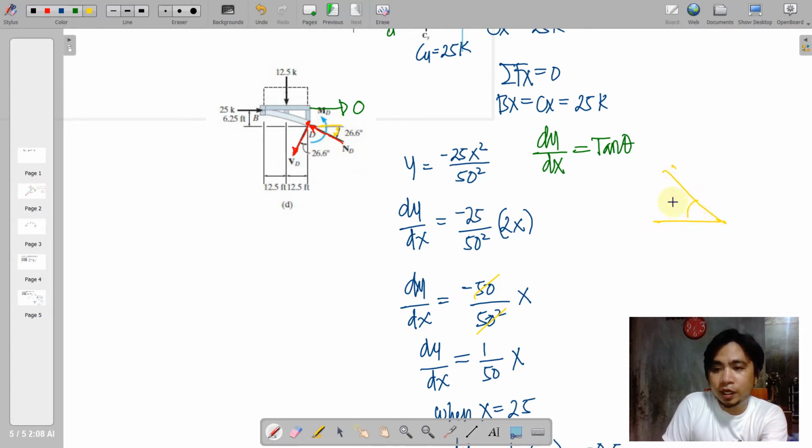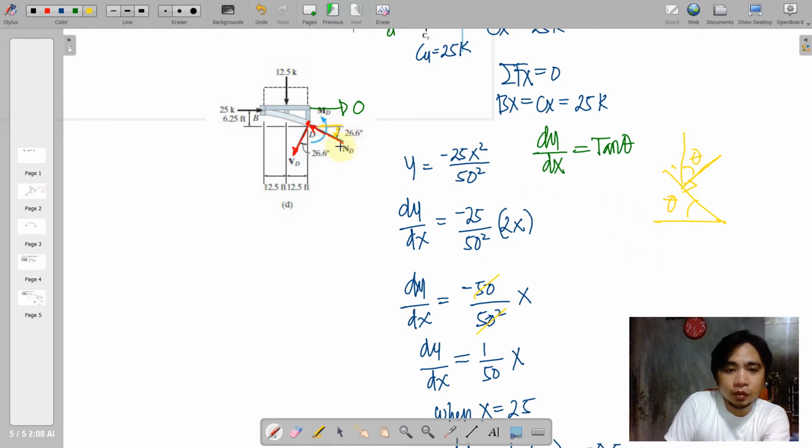Remember this: if you have an angle here and then draw a perpendicular to this angle, combined with the vertical, then this will also be the angle. The same is true here.